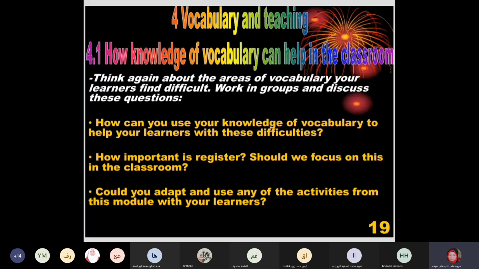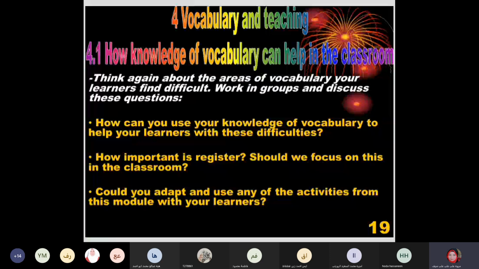For example, if I'm teaching them a certain expression, I have to tell them this is not a polite expression, and this is an impolite expression. For example, this expression can be used in academic or non-academic writing. You can tell them about the situation and the relationship between the speakers.